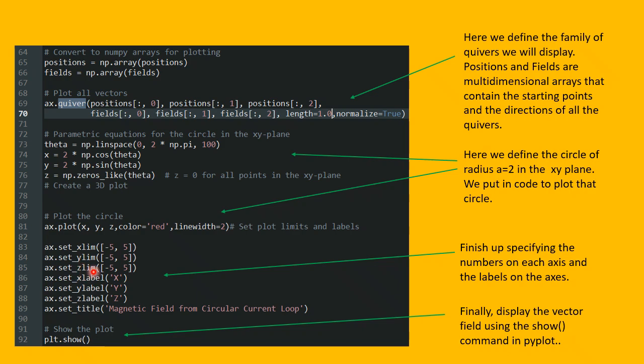And for the z limits, -5 to 5. On the x-axis, we'll use a label of x. On the y-axis, we'll use a label of y. On the z-axis, we'll label that with a z. And we'll also put a title on our three-dimensional drawing using ax.set_title, and the title is magnetic fields from circular current loop.